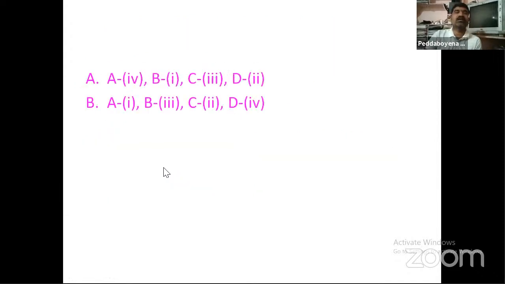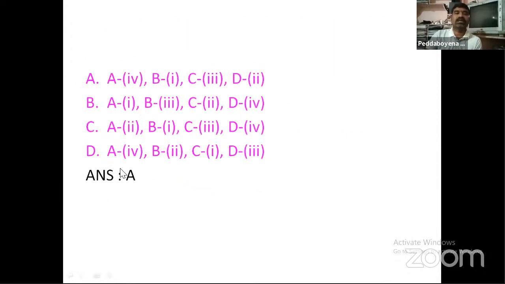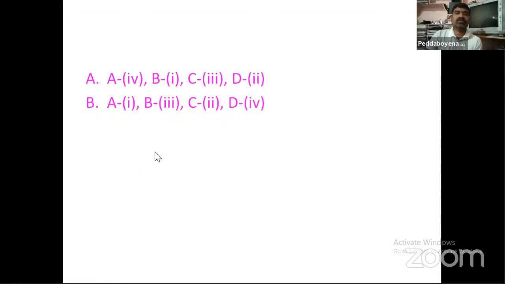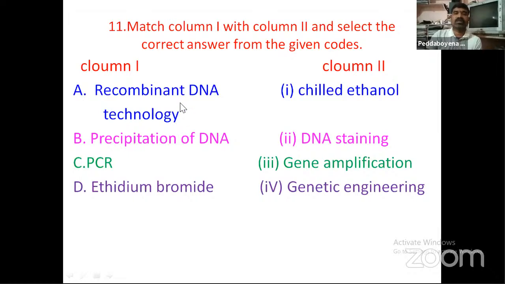That's why the answer is A. So clearly: recombinant DNA technology is genetic engineering, precipitation of DNA is by chilled ethanol, PCR is gene amplification, and ethidium bromide is DNA staining. Okay, next.